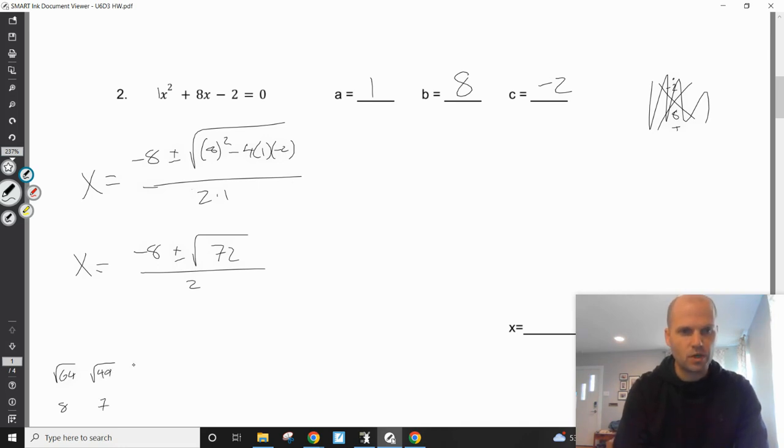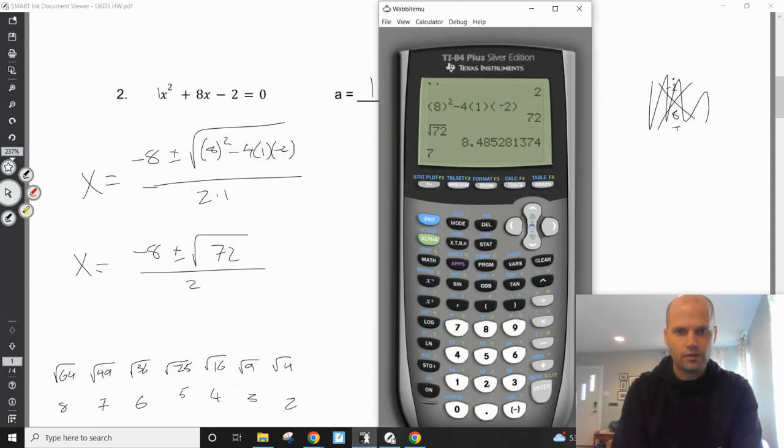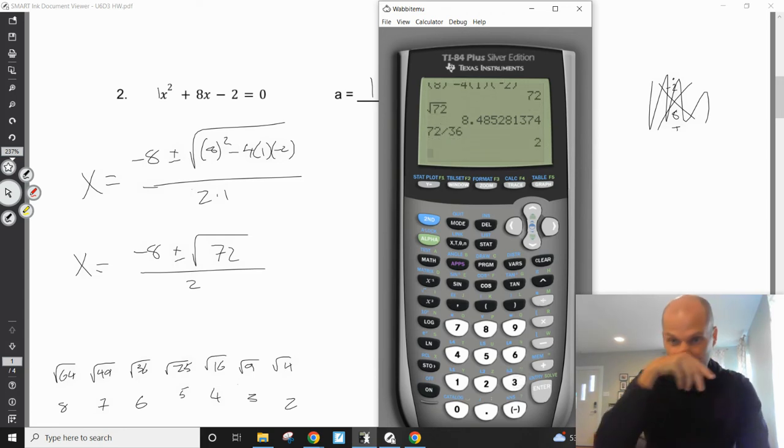Some perfect squares to remember, to know, or that will be given to you are these: 49, 36, 64, 25, 16, 9, 4. Let's try to find the biggest one of these that goes into 72. So I try 36. Oh, bingo. If I tried 49, it wouldn't work. Now that means 36 times 2 is 72.